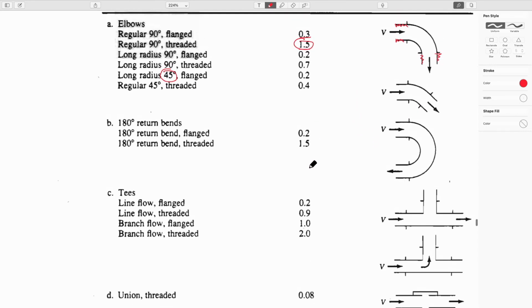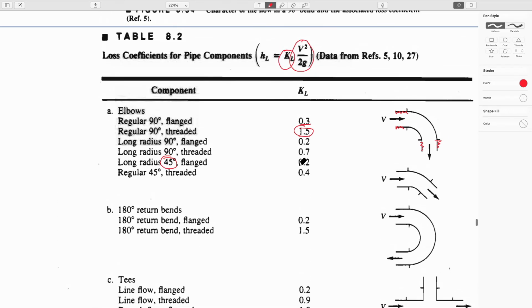So typically when we talk about using Bernoulli, as I mentioned, we can talk about the sum of the head loss terms, which would be just equal to head loss 1 plus head loss 2 plus head loss 3.